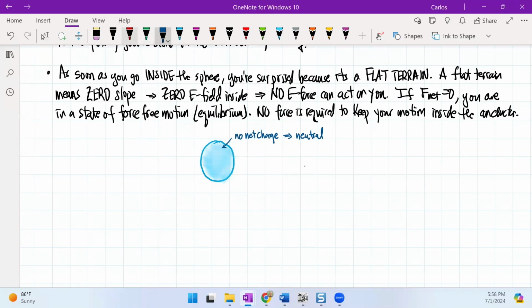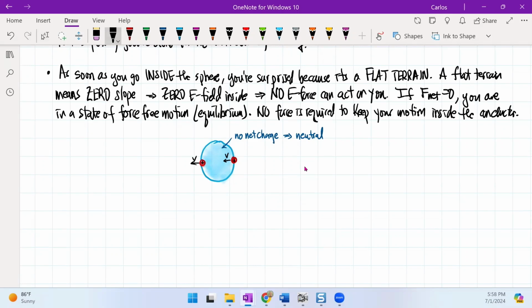If I take a test charge and put it right here to go across this whole conductor, it requires no work. So if I start with some speed v, it's going to continue to move across this thing at the same speed.